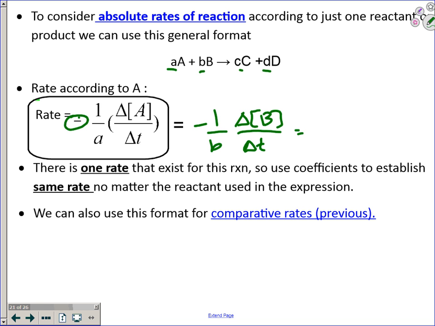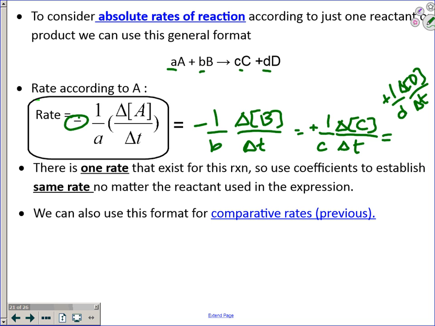This is equivalent to a positive 1 over c, delta concentration of C over delta t, and then so forth. You can write the last one, 1 over lowercase d, change in concentration of product D over change in time.